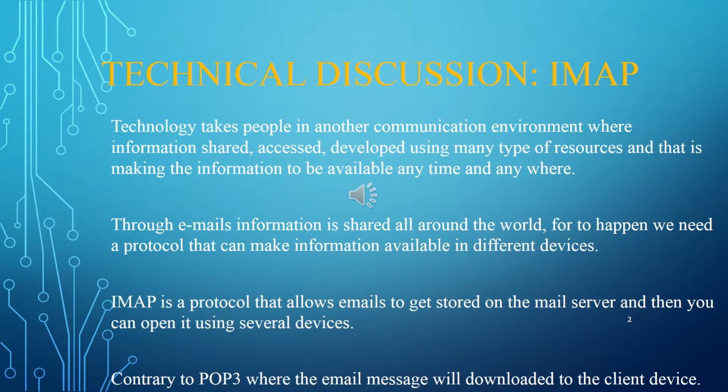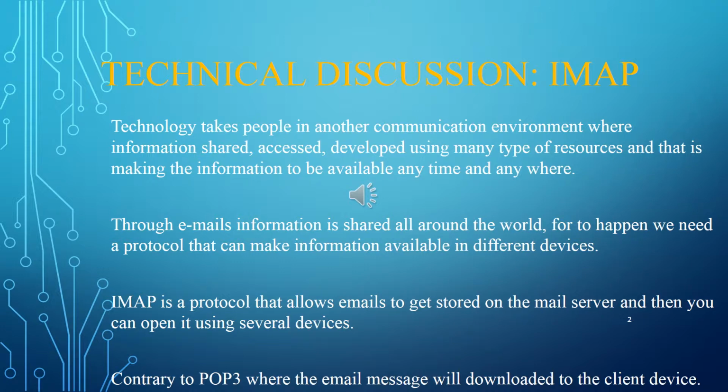With POP3, your email is saved in a single mailbox on the server. When you read the email, it is immediately downloaded onto your device, whether you're using a mobile phone or a computer.